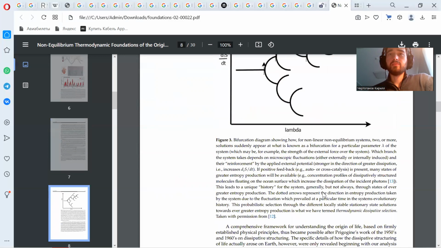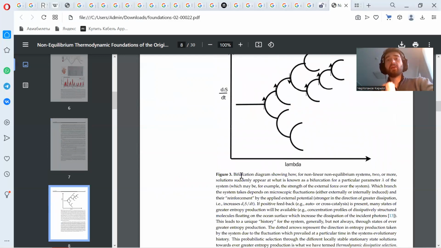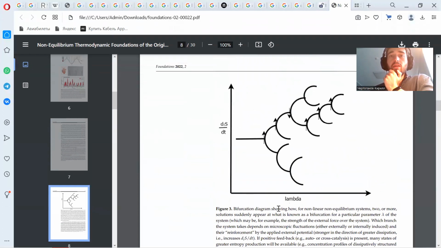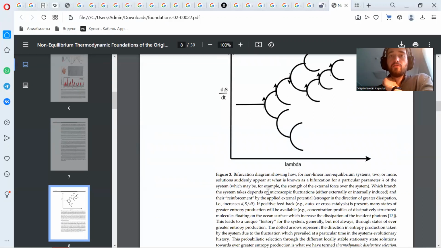And okay, we have some bifurcation diagram here showing how for nonlinear non-equilibrium systems, two or more solutions suddenly appear at what is known as a bifurcation for a particular parameter lambda of the system, which may be, for example, the strength of the external force over the system.